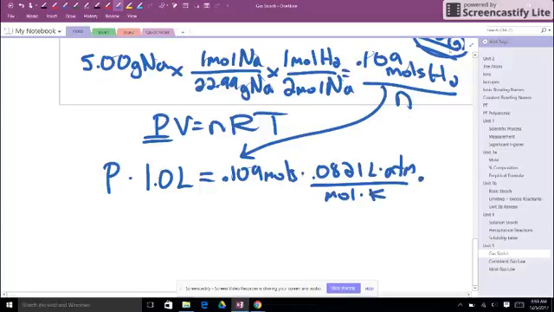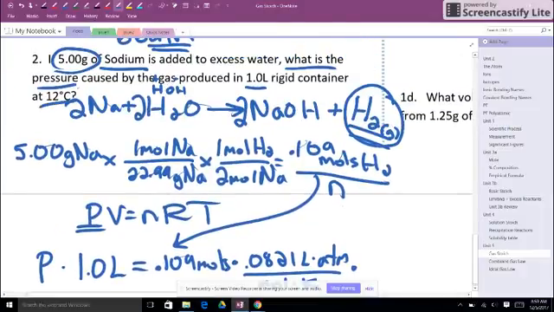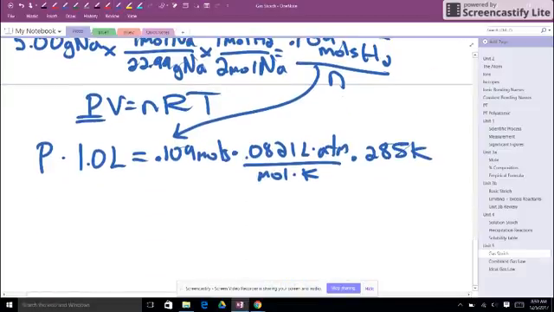If you used a different R value, you would just end up with a different unit of pressure as your answer. And then my temperature would be 12 plus 273, 285 Kelvin. Okay, solve for pressure, and the pressure is going to equal 2.6 atm.